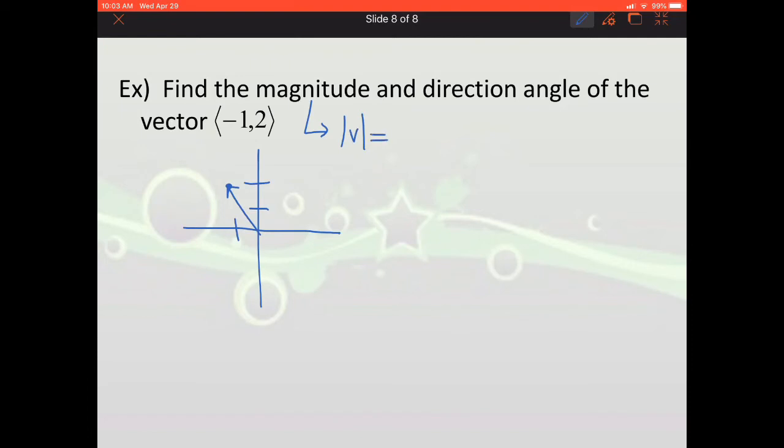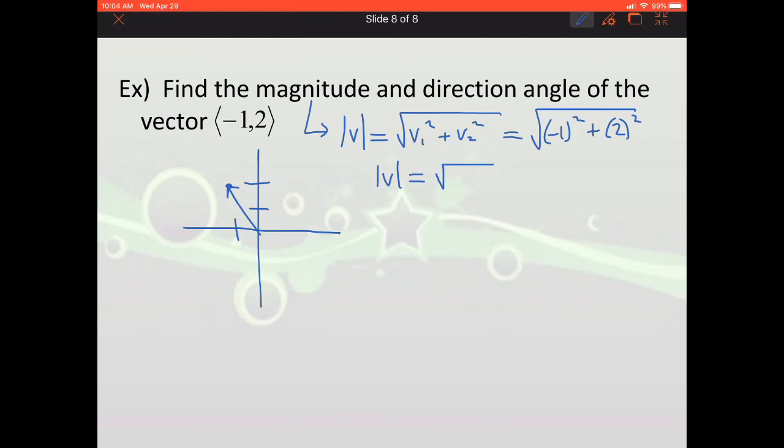My magnitude is just v1 squared plus v2 squared, and take the square root of it. So that would be -1 squared plus 2 squared. So the magnitude comes out to the square root of 1 squared, which is 1, plus 2 squared, which is 4, so the square root of 5.